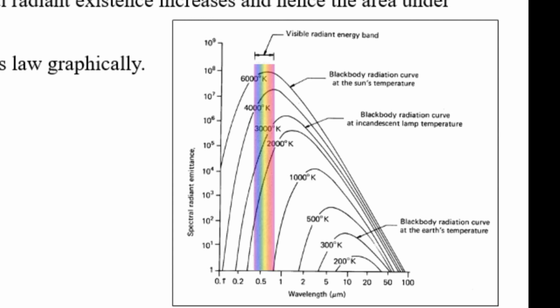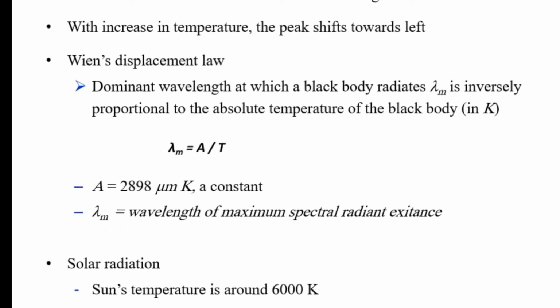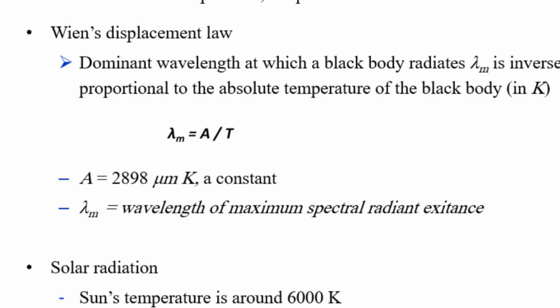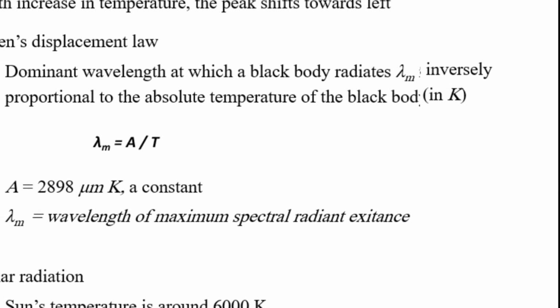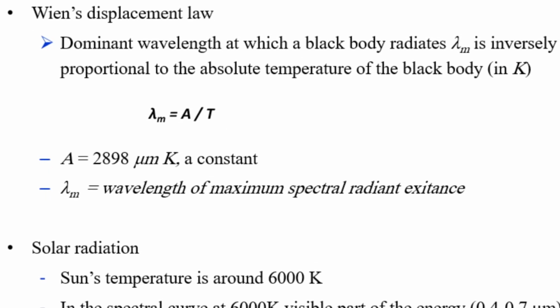It states that the dominant wavelength at which the black body radiates, lambda m, is inversely proportional to the absolute temperature of the black body.